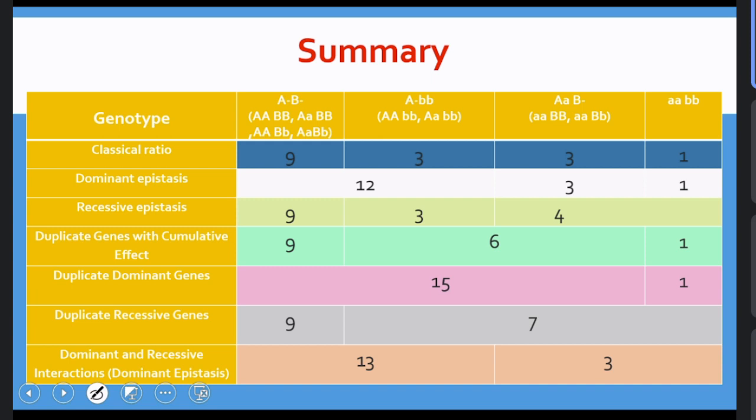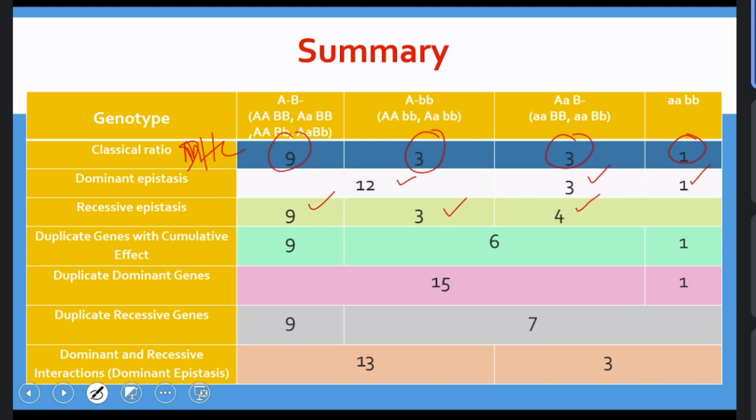The classical Mendelian dihybrid cross phenotypic ratio is 9:3:3:1. And for dominant epistasis, the ratio is 12:3:1. And for recessive epistasis, the ratio is 9:3:4.